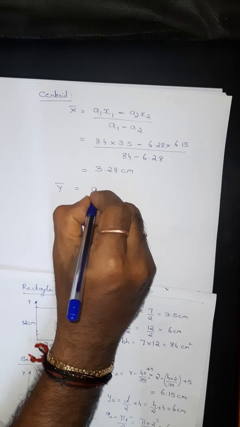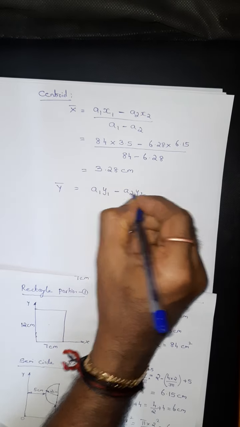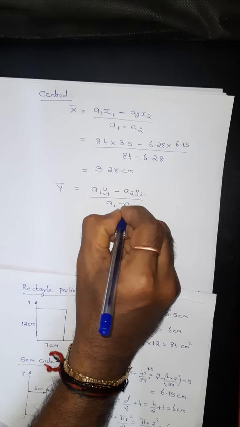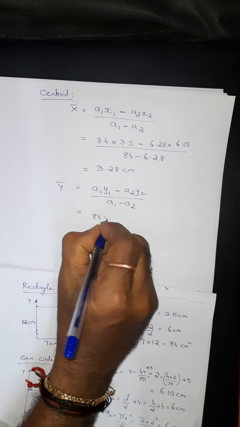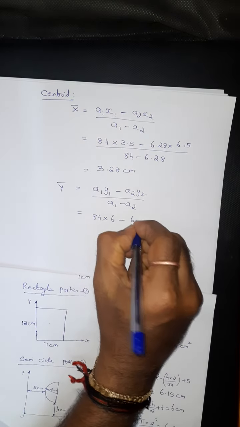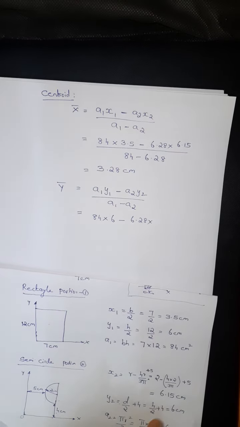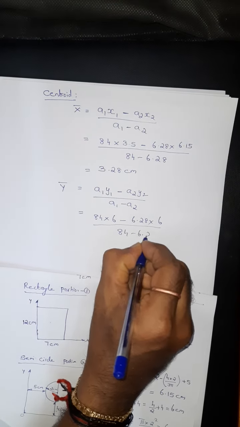In the same manner, you will have A1 y1 minus A2 y2 divided by A1 minus A2. So now substitute these values. A1 is 84 into y1 is 6 minus A2 is 6.28 into y2, which is 6 centimeter, divided by 84 minus 6.28.